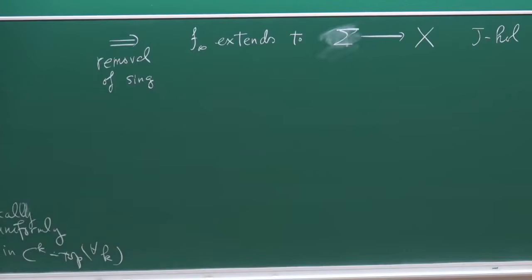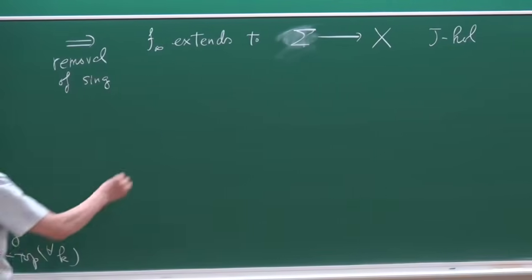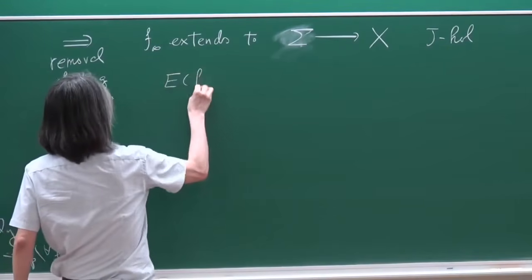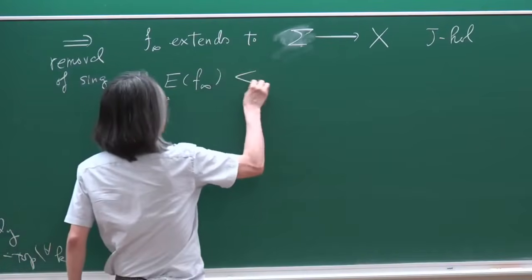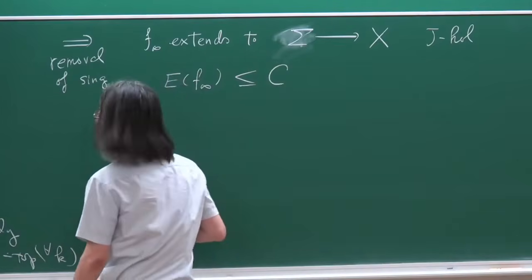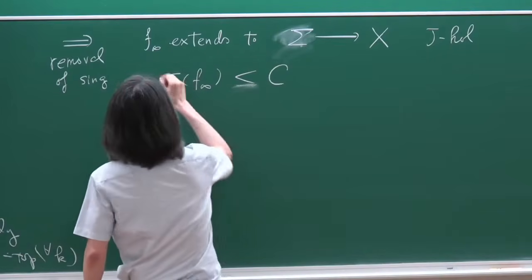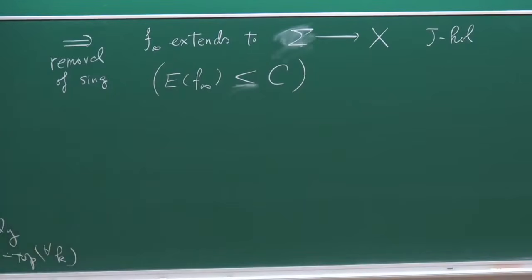So therefore, you get this. So here, actually, this E of F infinity, originally defined on the complement of P1 to PL, is actually bounded by this constant C. So therefore, we can use this removal of singularity theorem near these punctures, and then you can get it.